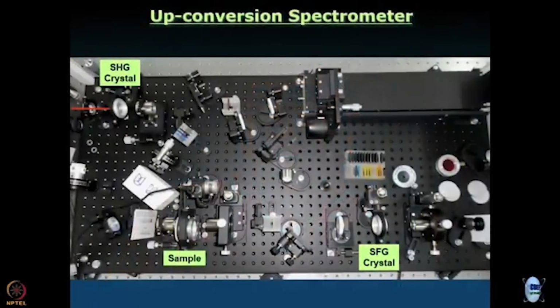So, what we do here is that you make incident this red light, which is from a laser. In our case, it is a femtosecond pulsed titanium sapphire laser. Later on, we will have occasion to talk a little more about what is there in the laser and how femtosecond pulses are produced. For now, let us just accept that this red light is the output of a femtosecond pulsed titanium sapphire laser.